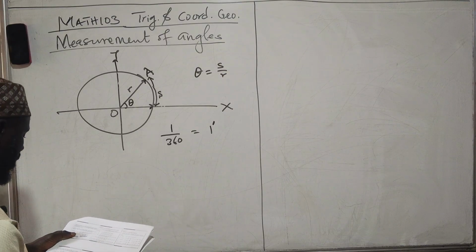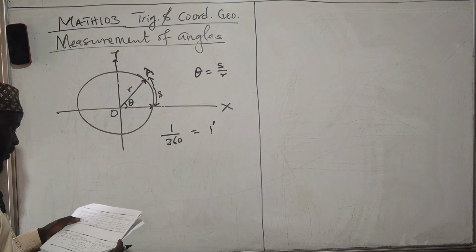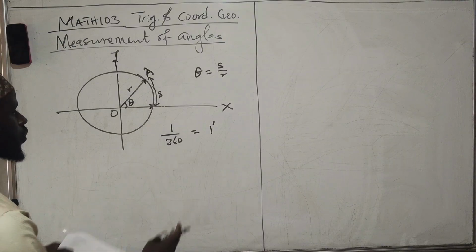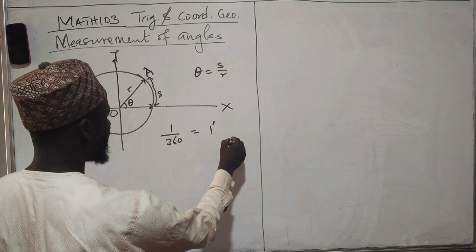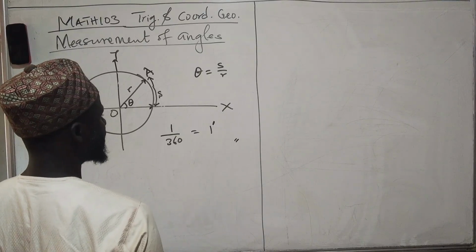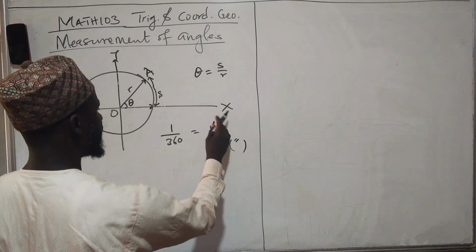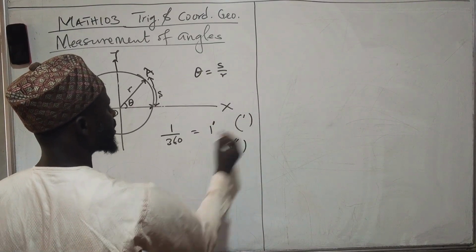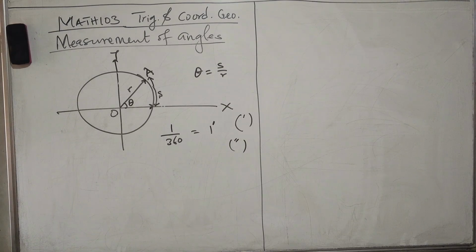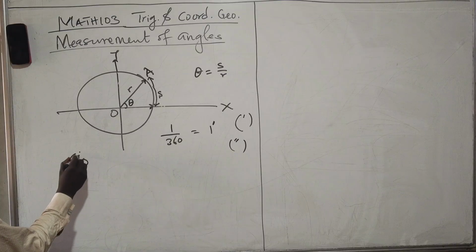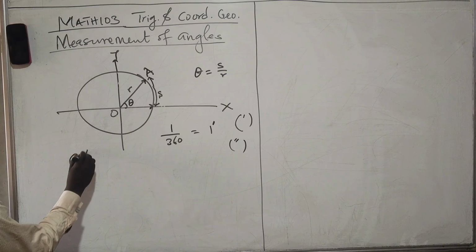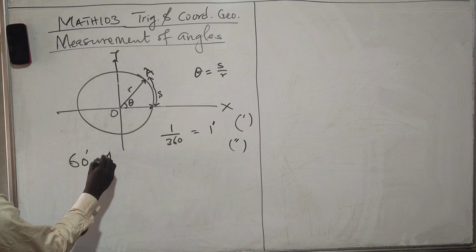So if we want to write seconds, we write with a double prime like this, and here we mean a minute, so that 60 minutes is going to give you 1 degree.